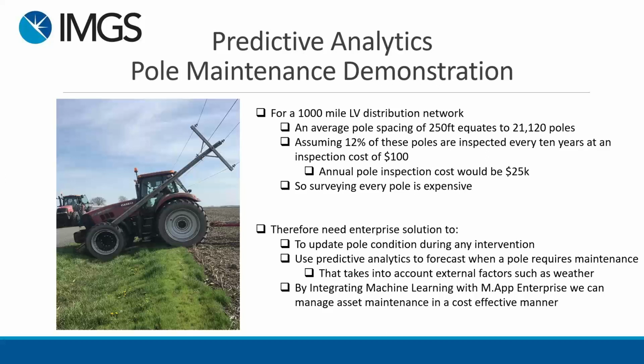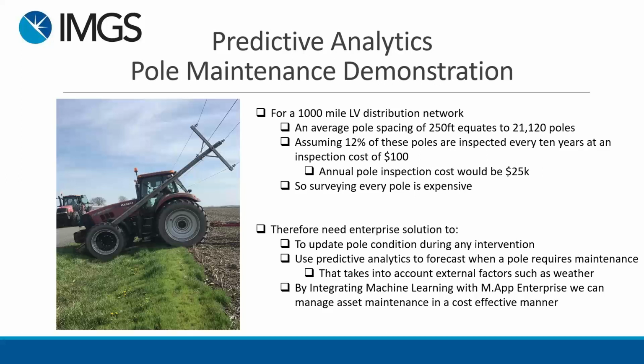In this morning's demo, we're going to show updating condition information through MApp Enterprise. But of course, this could also be sensor information bringing in data through intelligent devices. So we could have IoT devices or smart grid or smart network also pushing data into this condition workflow.